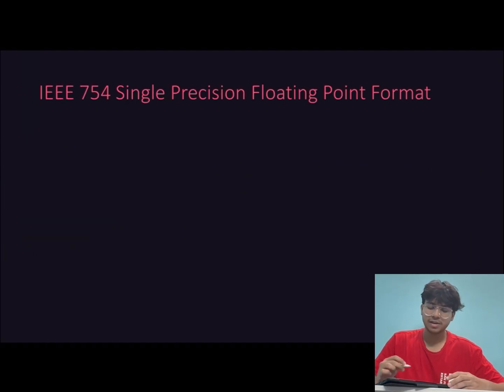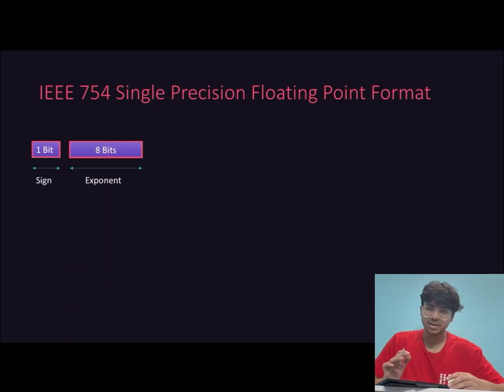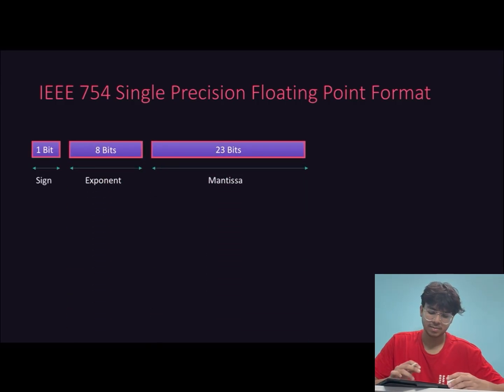So IEEE 754 single precision floating point format is a set of 32 binary digits, 0 or 1, which together make a floating point number. For this, the first bit is the sign bit, the next 8 bits are the exponent bits, and the next 23 bits are the mantissa bits.